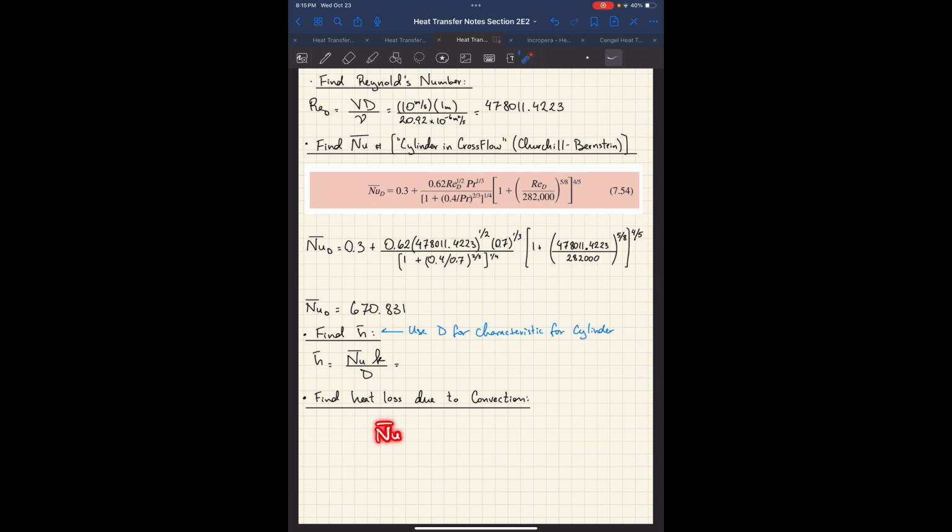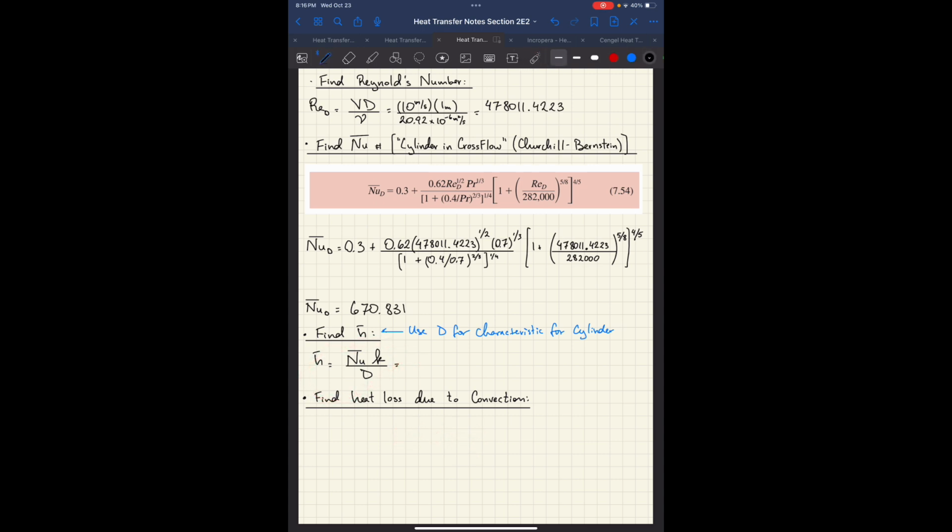Now I already wrote it here, but I'll do it here with my laser pointer. Your Nusselt number, when you're talking about a cylinder, normally it's hL over k or hx over k. But for a cylinder, this L becomes the diameter. So that's where this comes from. So just plug in our values.